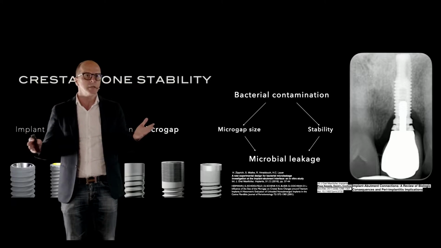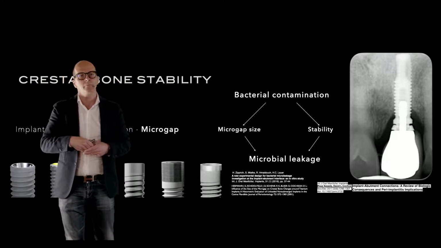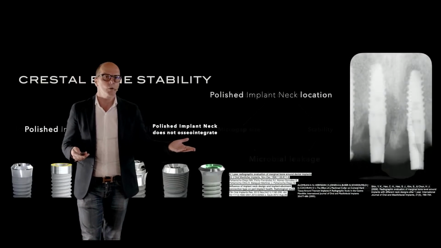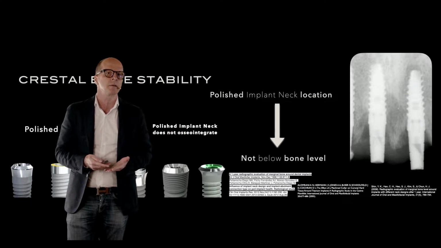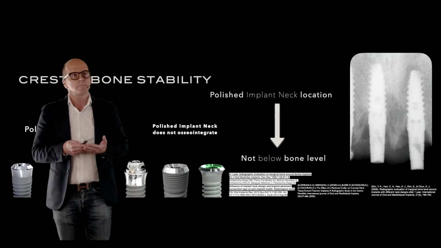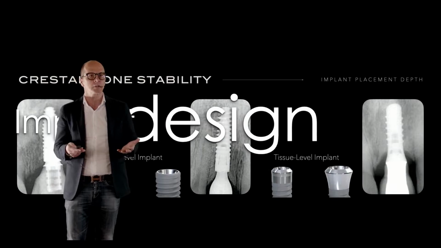Depending on the size and the stability of the implant abutment connection, we have microbial leakage. But on the other side, when we think about the polished neck, we know that we should never place the polished neck below the bone level, right? So we have to think like this anytime we place the implant, depending on the design.